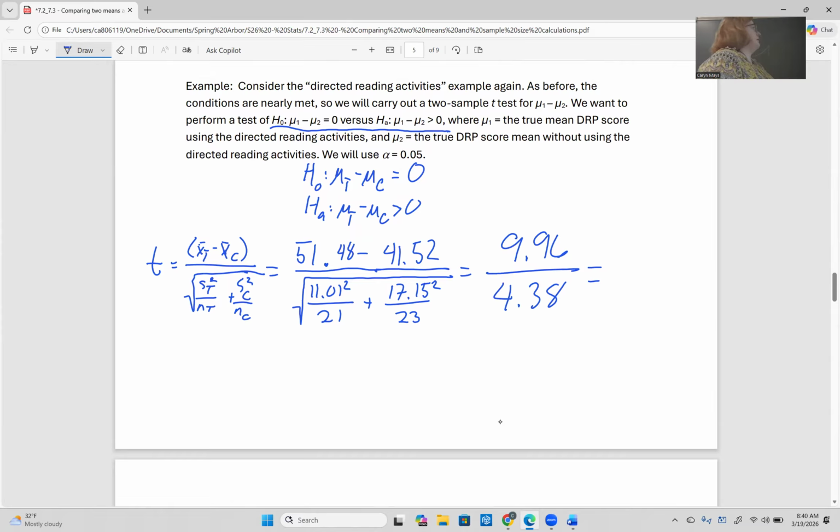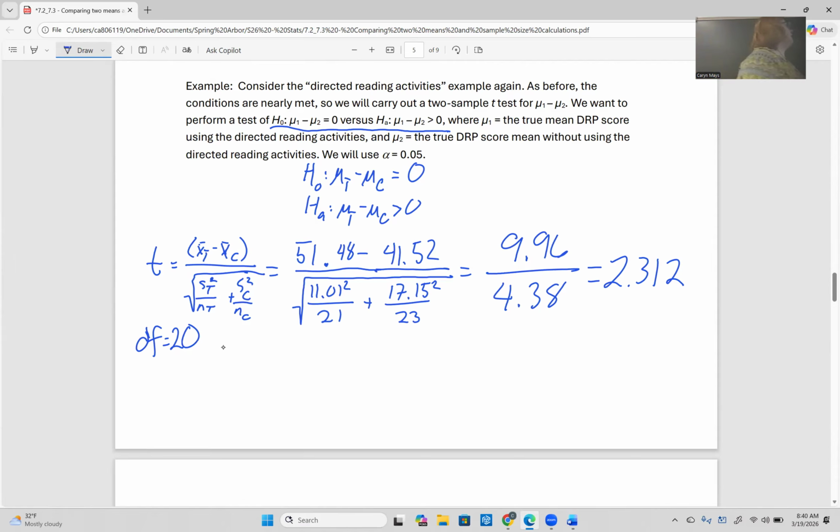Me with a calculator. 2.312. Conservative degrees of freedom was 20.